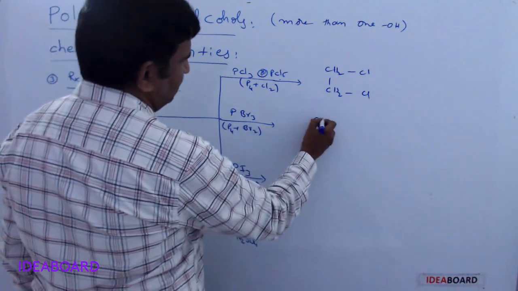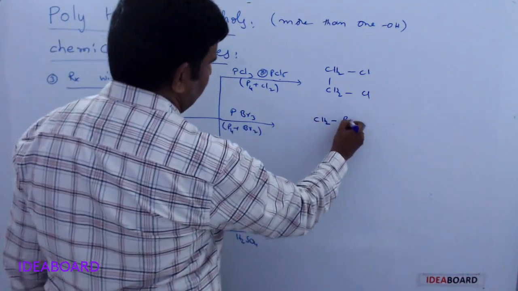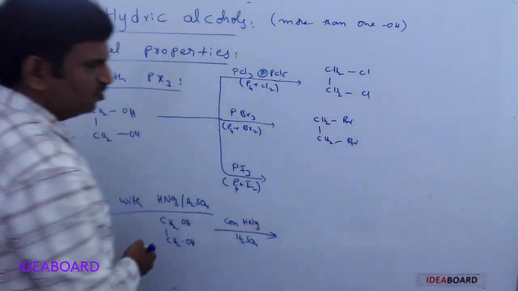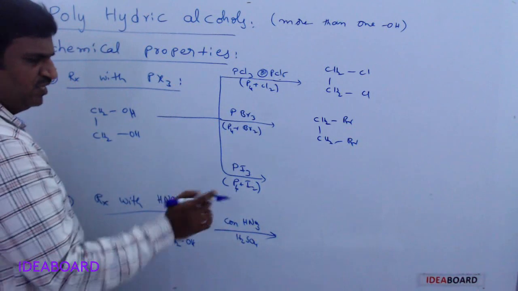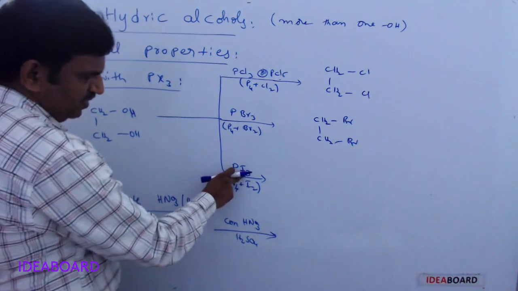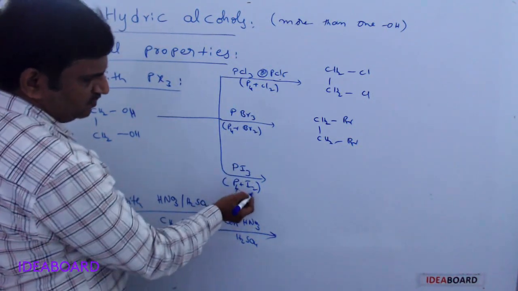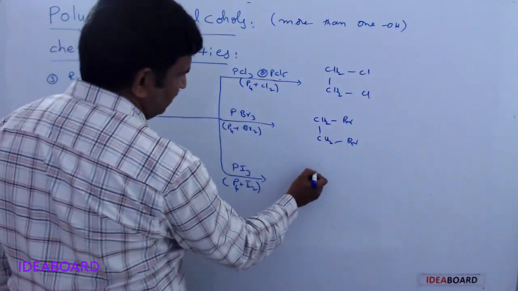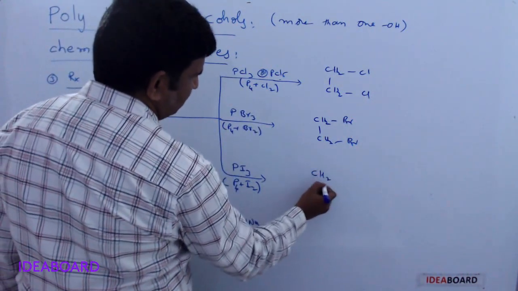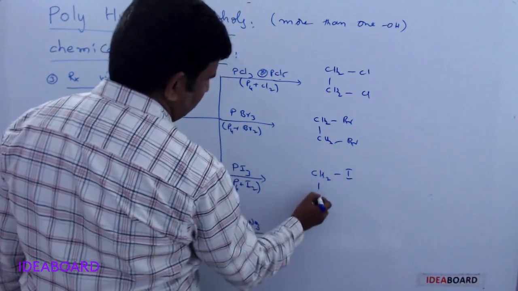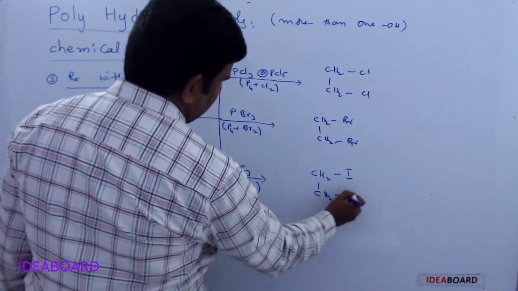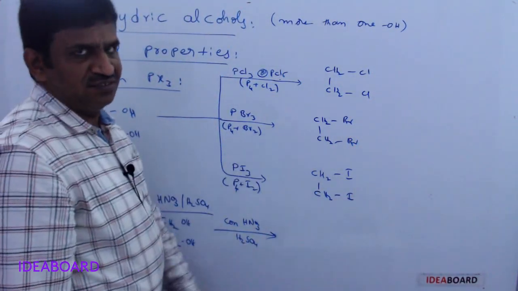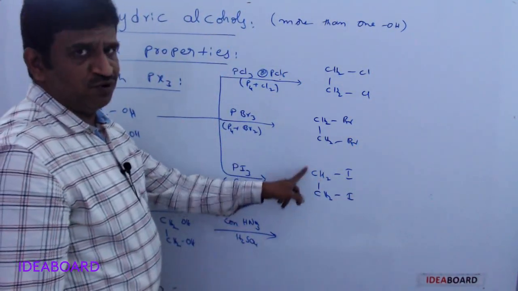When PBr3 is taken, we will get CH2Br and CH2Br, ethylene bromide or dibromide. Whereas if PI3 is taken, or a phosphorus and iodine mixture, first it forms CH2I and CH2I, that is ethylene diiodide.